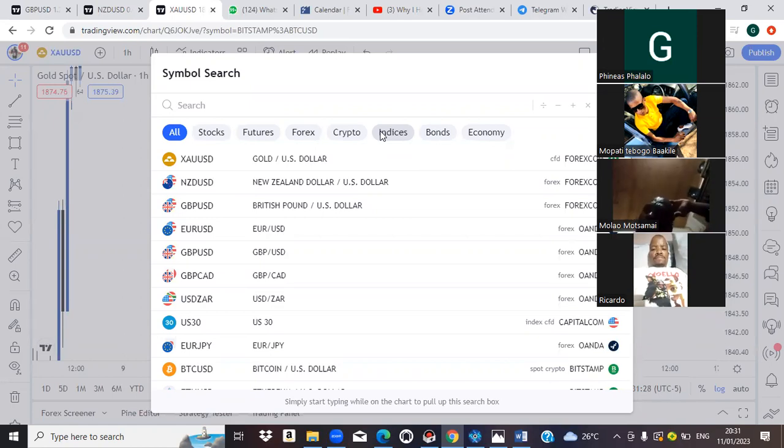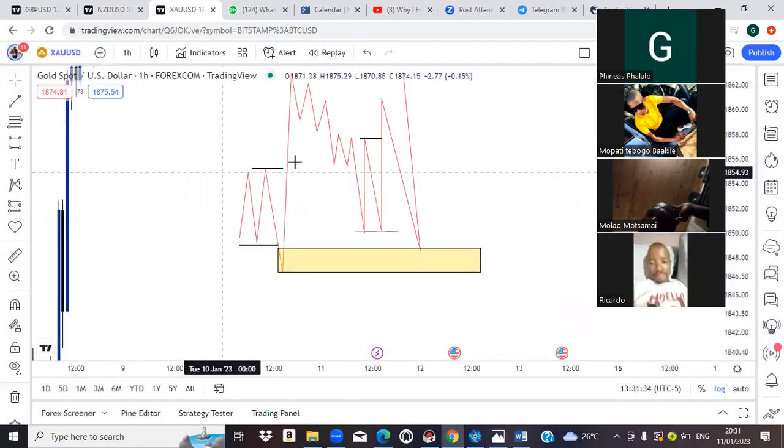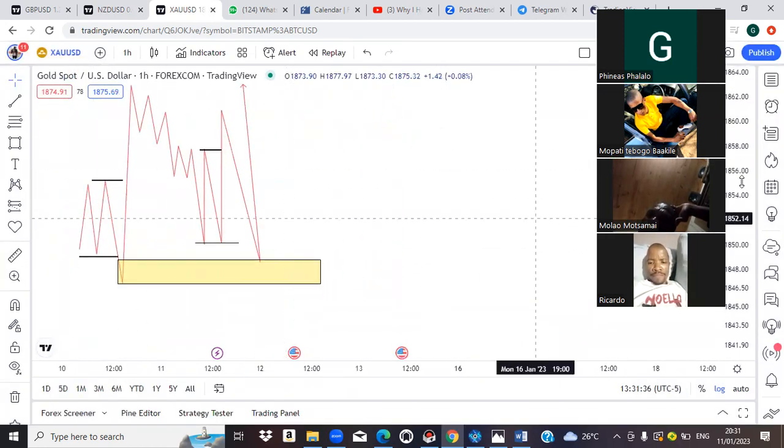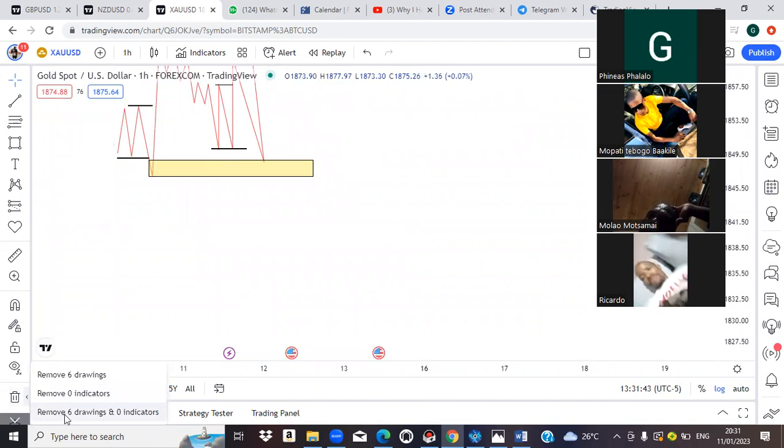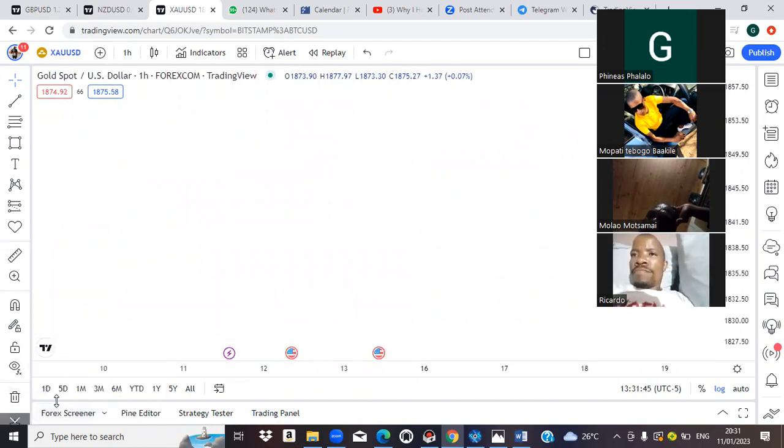You only use fundamental analysis when you trade the real markets. I don't trade the fundamentals on synthetics. Fundamentals can shake the markets. The most profitable fundamental is NFP.